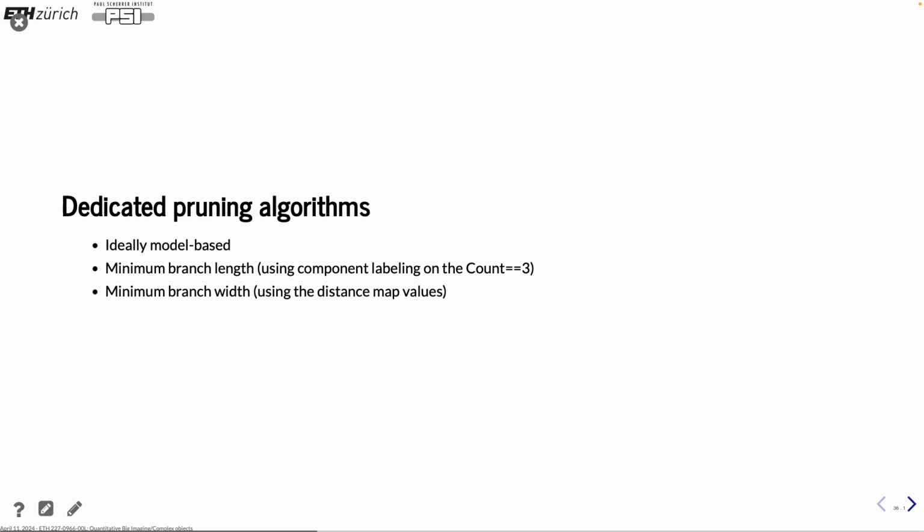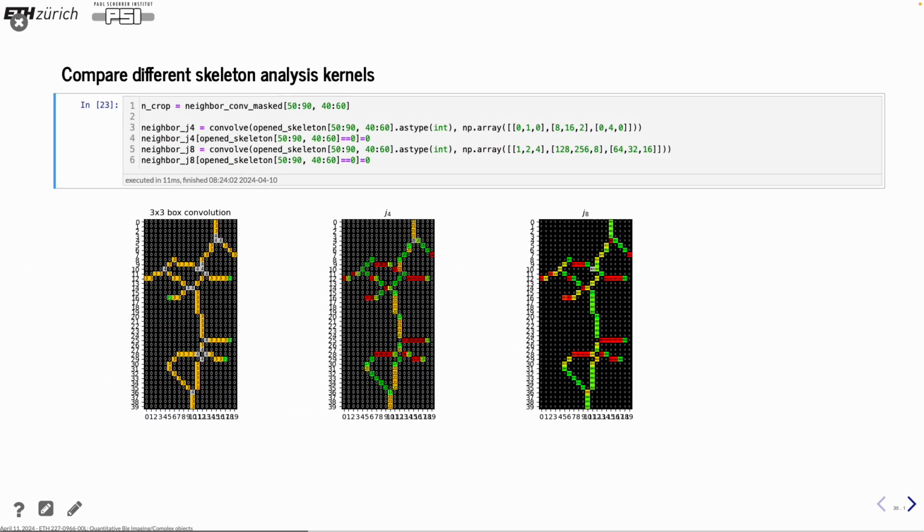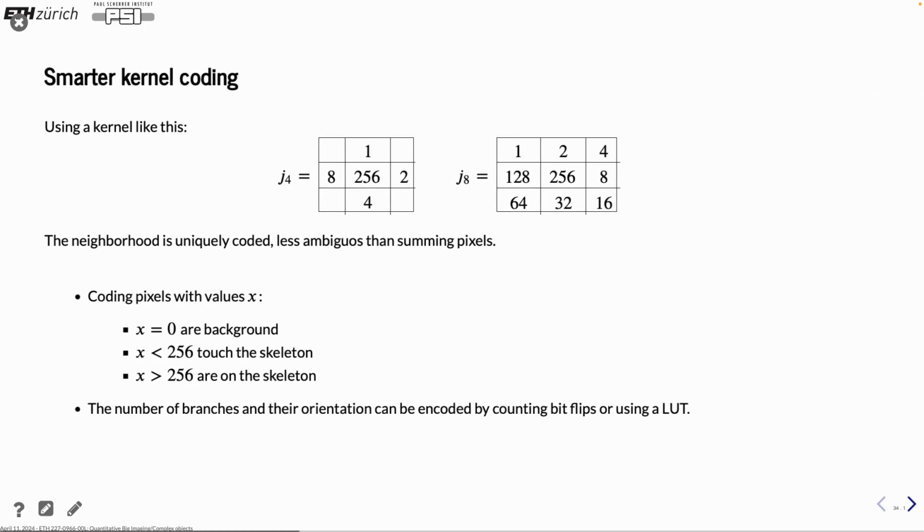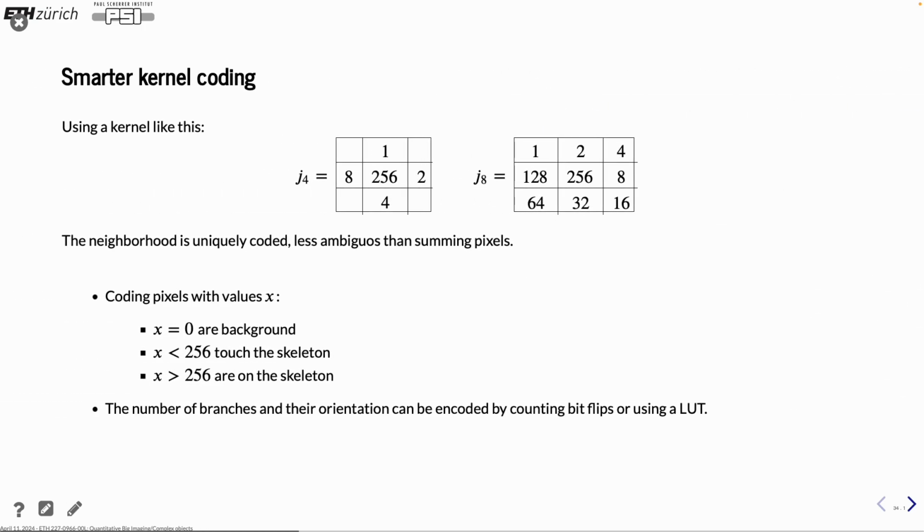Yes? Using such a kernel, wouldn't it make it sensitive to the direction of the structure we are trying to analyze? Pardon? Like this kernel which uses 1, 2, 4, 8. Wouldn't it make it more sensitive to the direction of the structure? Like if the skeleton is horizontal instead of vertical, it could be different. Yes.